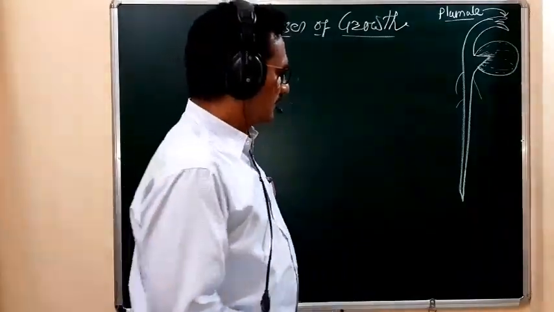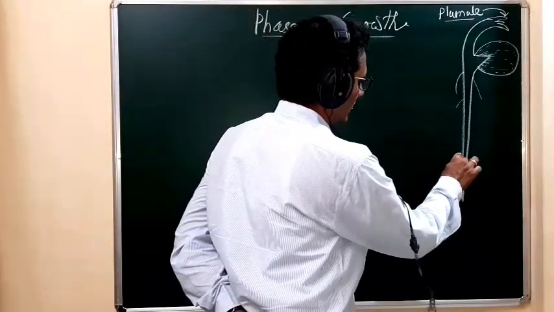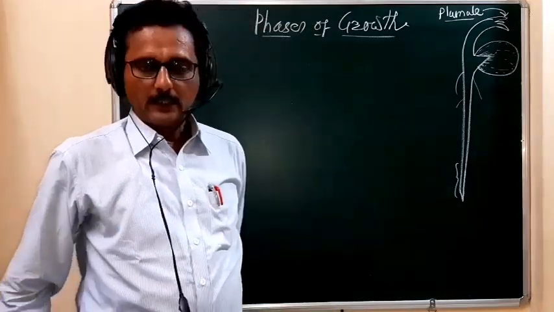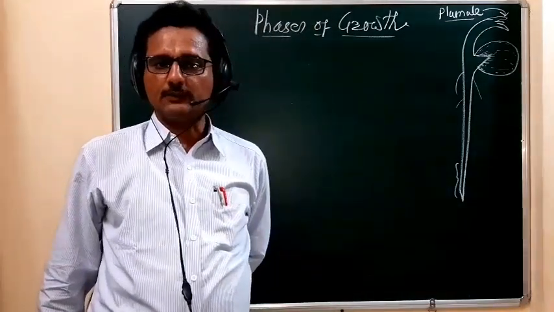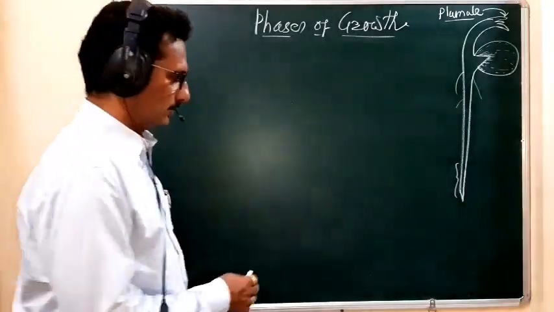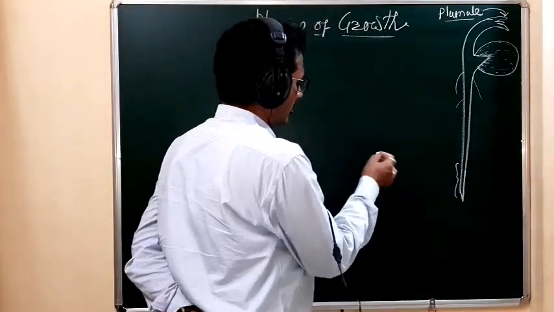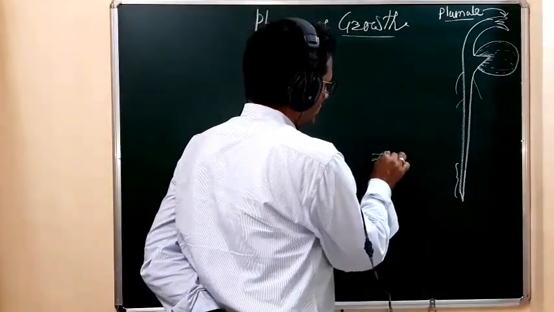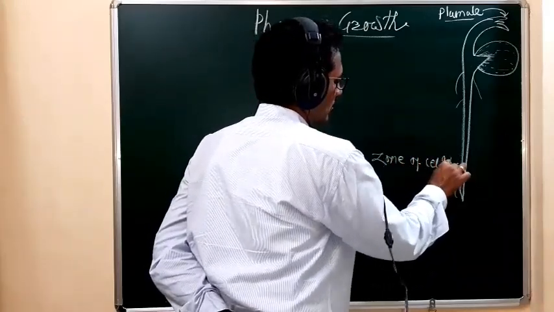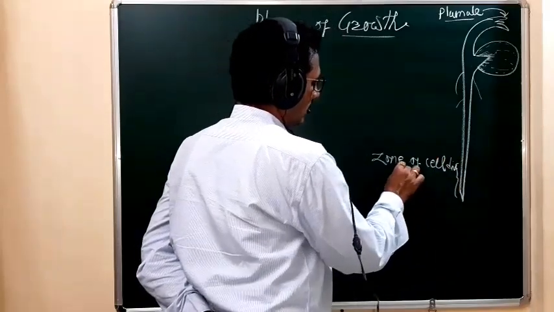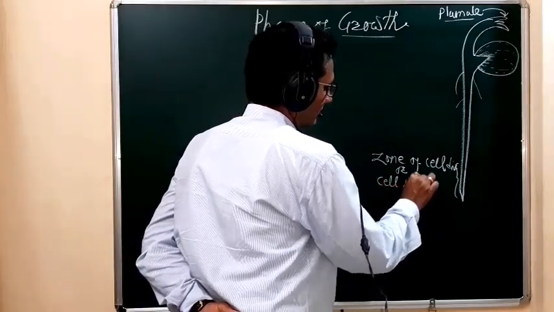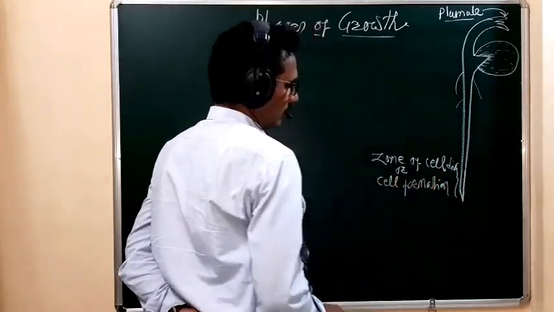Toward the tip of the radicle, what we observe is the first phase of growth. It is also called the region of cell division, or the region of cell formation. As per your textbook, it is the zone of cell division, or the zone of cell formation.